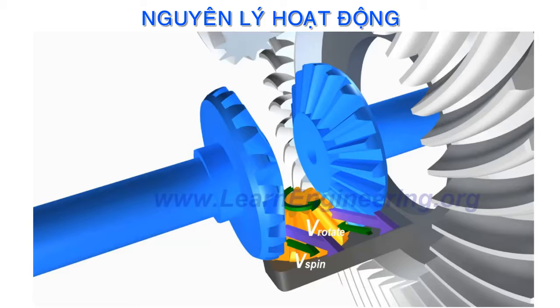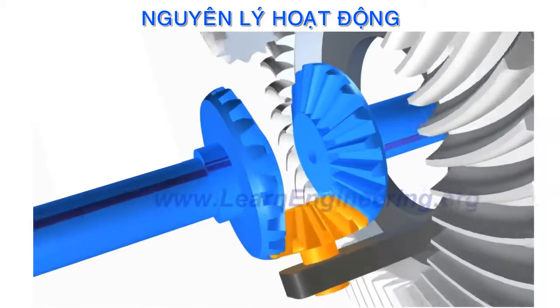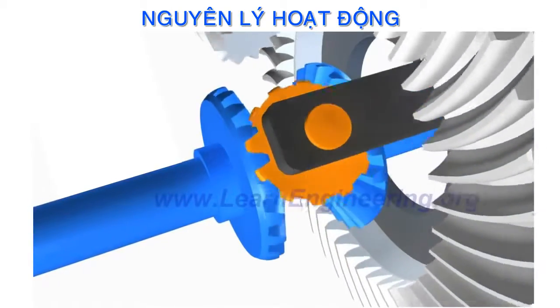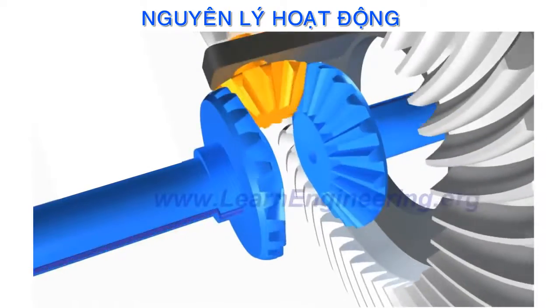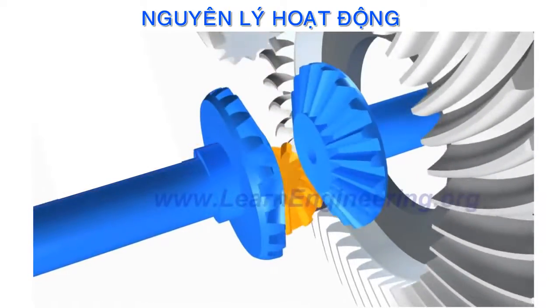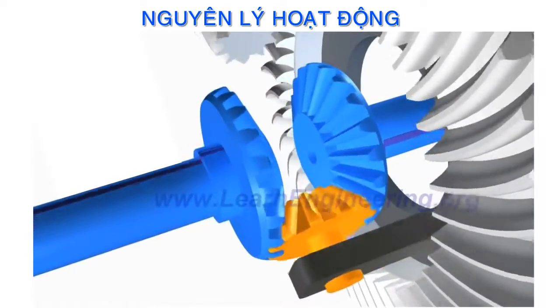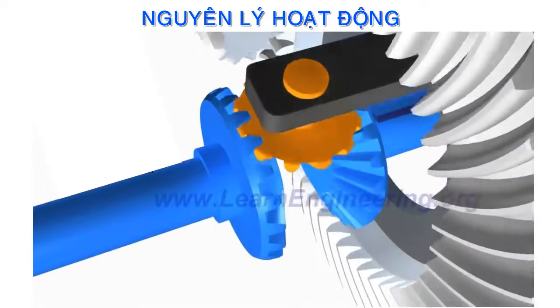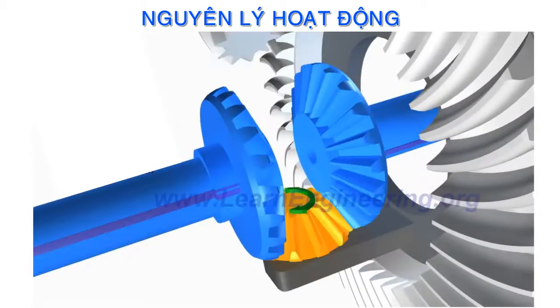Or left side gear will have higher speed compared to the right side gear. This is the way the differential manages to turn left and right wheels at different speeds. While taking a left turn, the spider gear will spin in the opposite direction.